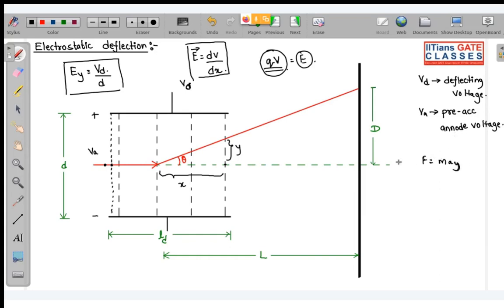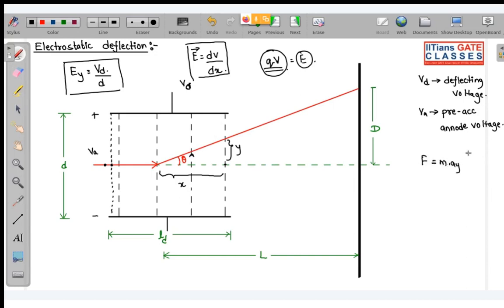So what is the force in the y direction? There is some force acting in this direction, that is why the electron is moving. So I am assuming it to be F equal to m dot ay.